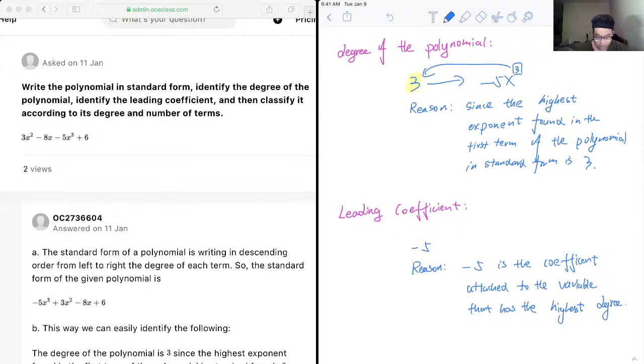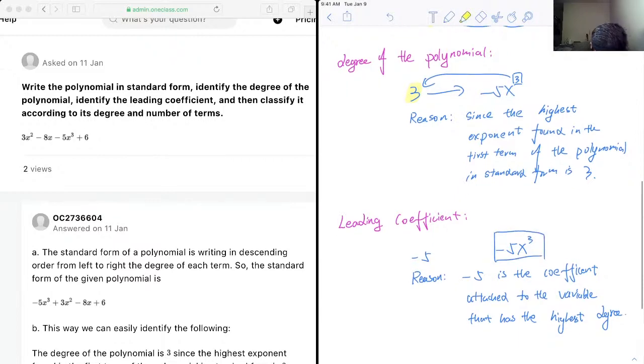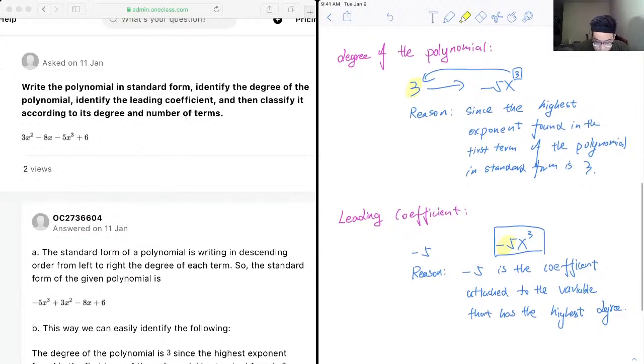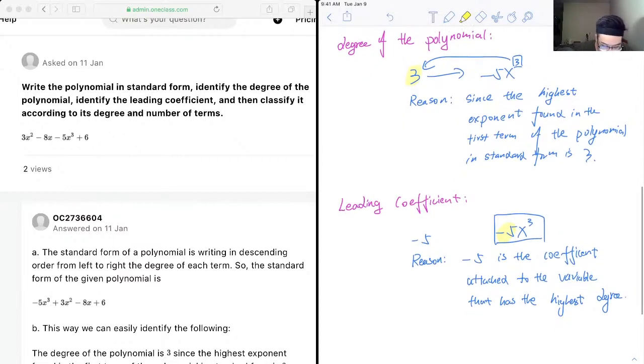In our case, the term with the highest degree is negative 5x cubed, and negative 5 will be the leading coefficient, since it is the coefficient attached to the variable that has the highest degree.